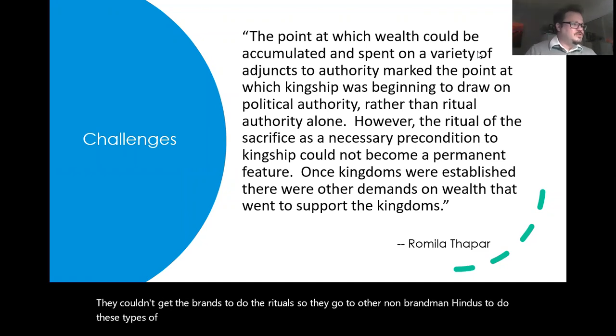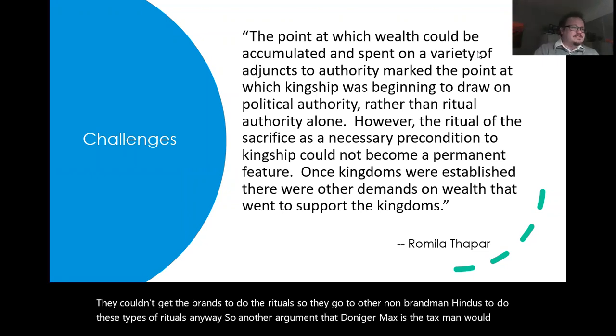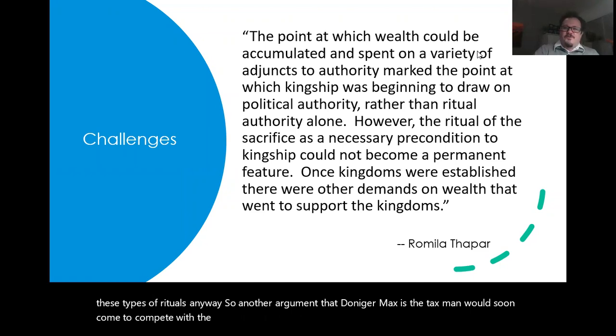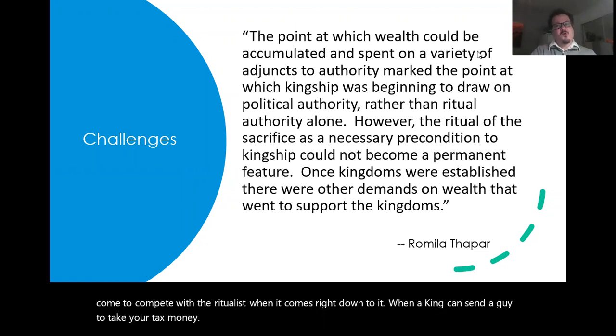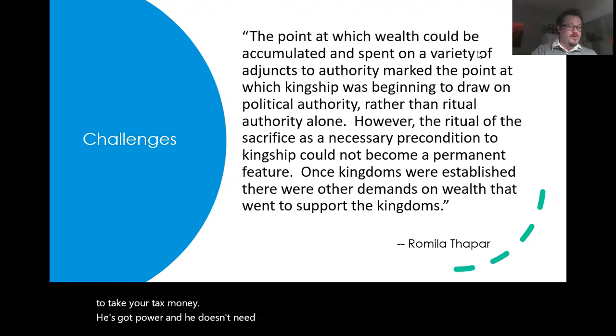Anyway, another argument that Doniger makes is the tax man would soon come to compete with the ritualist. When it comes right down to it, when a king can send a guy to take your tax money, he's got power and he doesn't need a Brahmin to do a ritual for it.